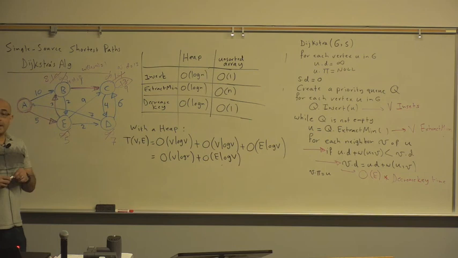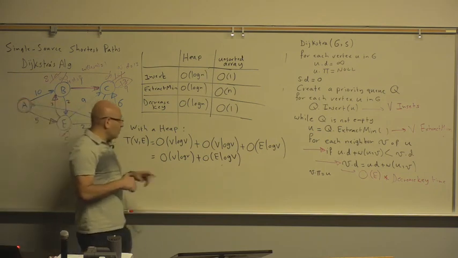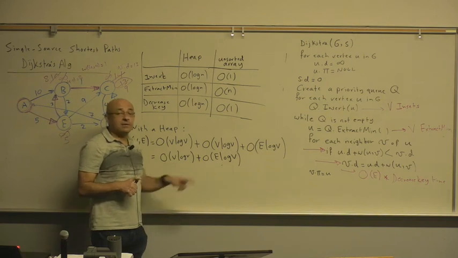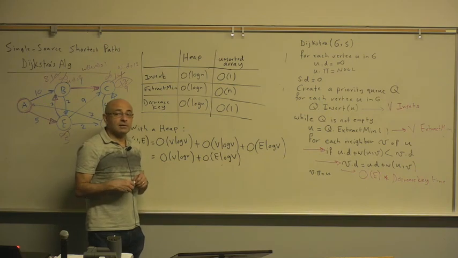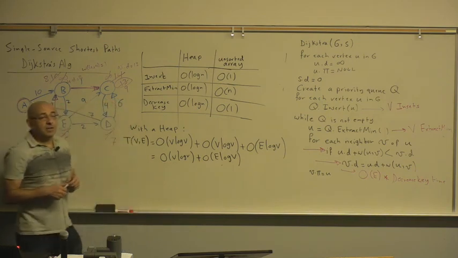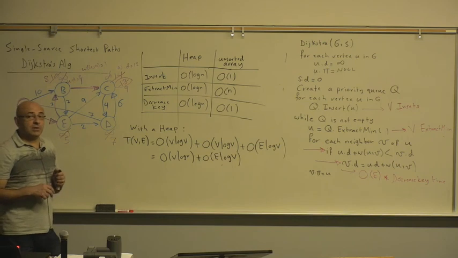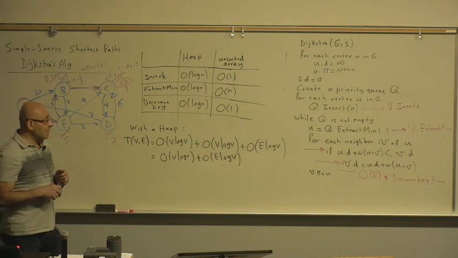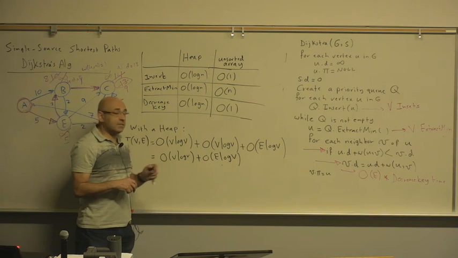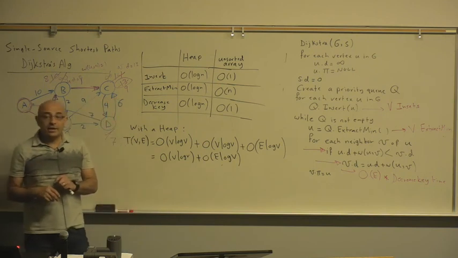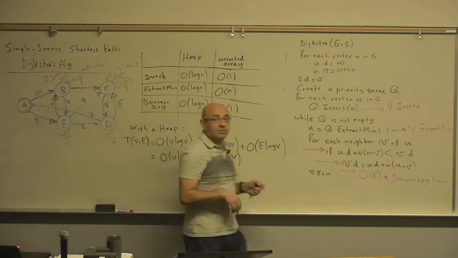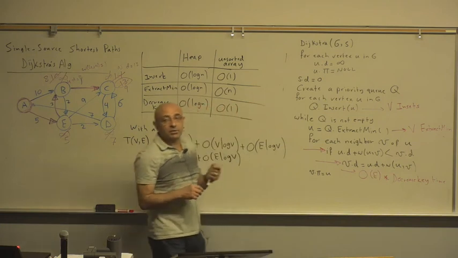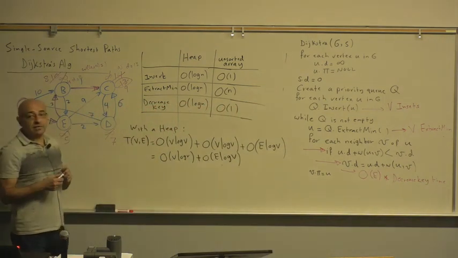And in fact, if the graph is connected, what will be the relation between V and E? E will be at least of the same order as V. If the graph is connected, you will need at least one edge for each vertex. So E and V will be of the same order.